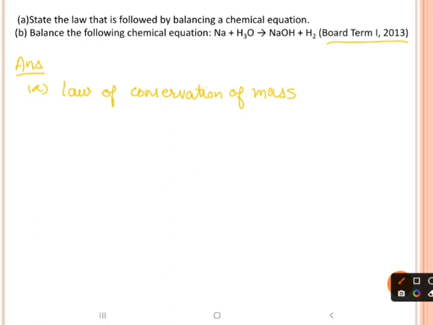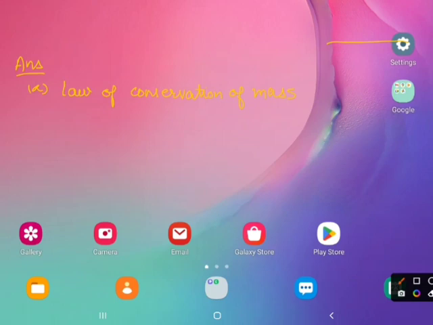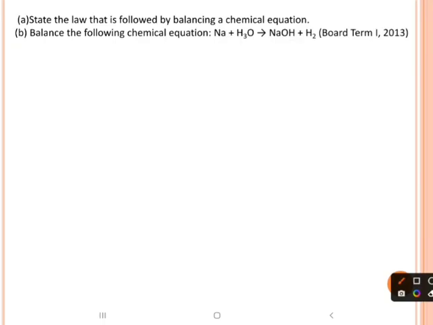Next is: balance the following chemical equation. When this is asked, firstly we need to write the raw equation. The equation is Na plus H3O gives NaOH plus H2O.